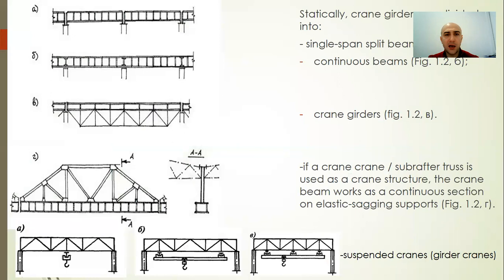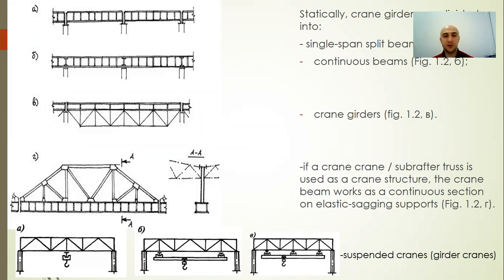So, the types of crane structures. The main load-bearing elements of the crane structures, the crane beams, can have various structural shapes.